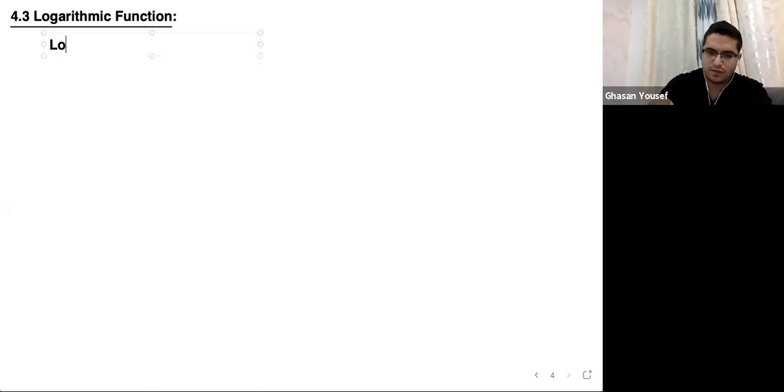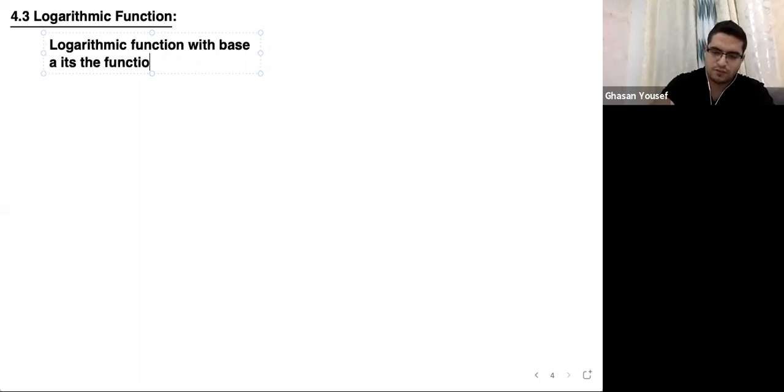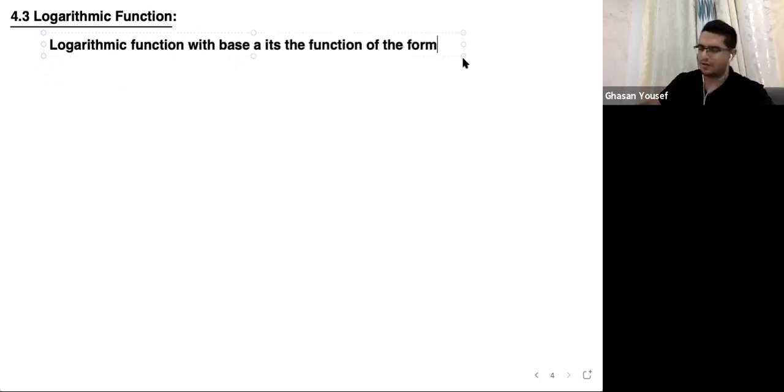A logarithmic function with base a is a function of the form f of x equals log of x to the base a.